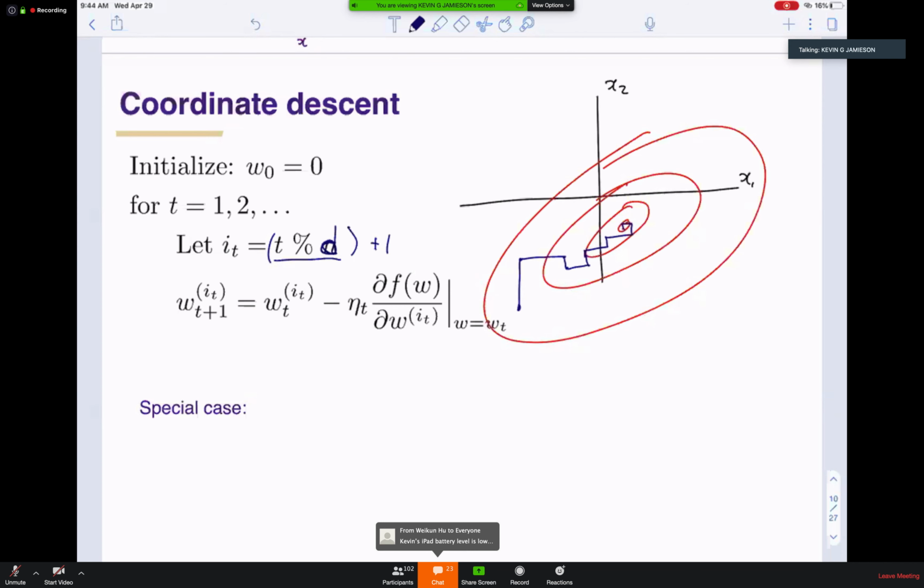And a special case is when you choose your step size eta_t such that w_{t+1} in this ith direction is equal to the argmin over w of f of w_t plus the step in the direction e_i.